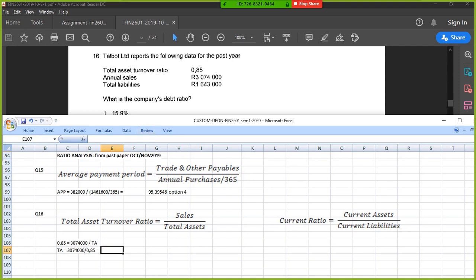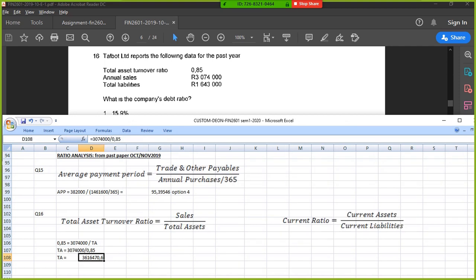The 0.85 goes to the right, so it's divide. Do you see that? Let me do it on the next line, like this. Make sense? Okay. Then I'm going to type that into my calculator, and I'm going to get total assets of that answer.